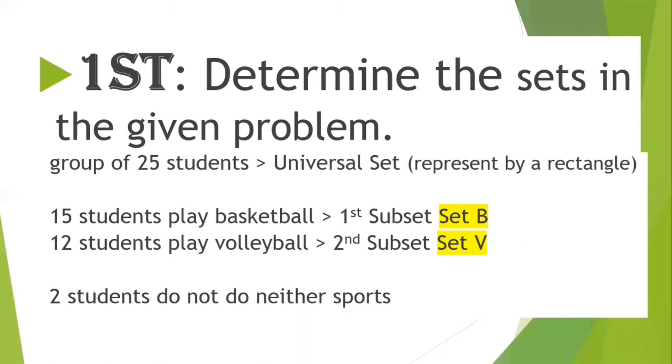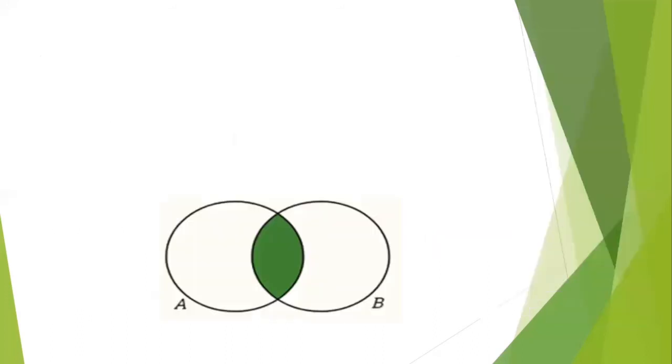Meron tayong intersection kasi we have 2 subsets, the play basketball and the play volleyball. Tapos, merong naglalaro ng pareho. So, ibig sabihin, sa ating given problem, meron tayong tinatawag na intersection. That's why we choose this Venn diagram as the illustration of our word problem.